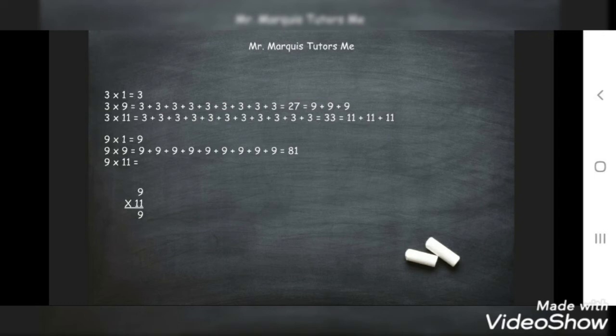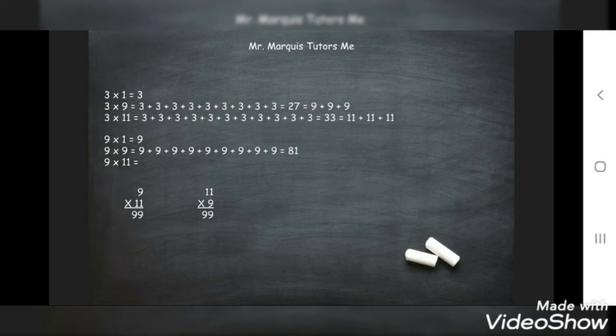Now, you can get that 99, or you can do multiplication. Actually, multiply it. Set it up like this. 9 times 11 or 11 times 9. And you want to multiply straight down the 9 times the 1 first, and then the 9 times the tens place, right? 9 times 1 is 9. 9 times 10 is 90. You add those up, that is 99.